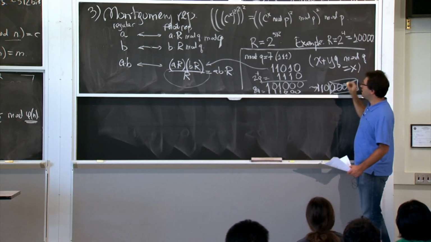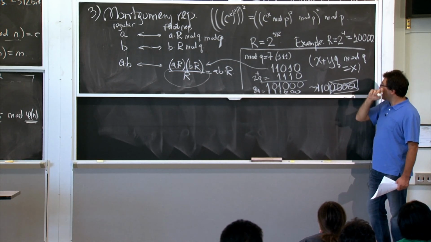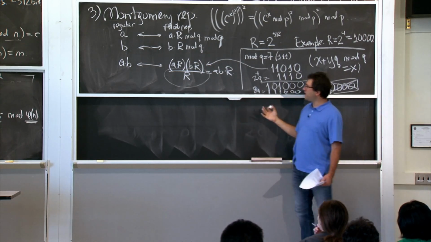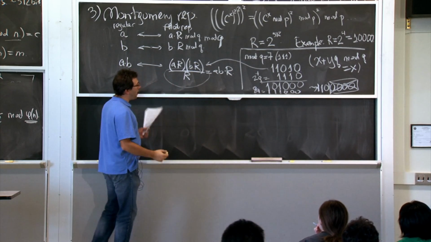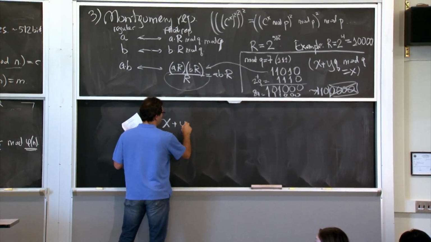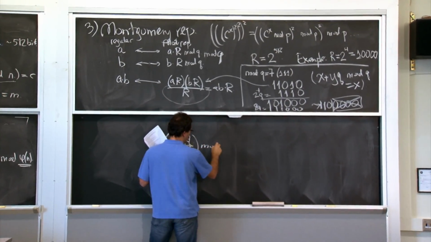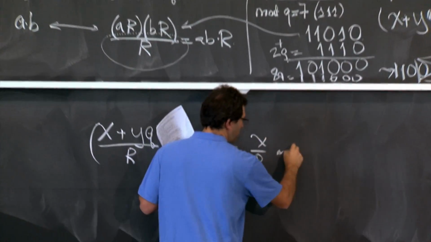But aren't you dividing by r before you take the mod q? So another nice property is that because it's all modulus a prime number, if you have x plus yq divided by r, mod q, this is actually the same thing as x divided by r mod q.